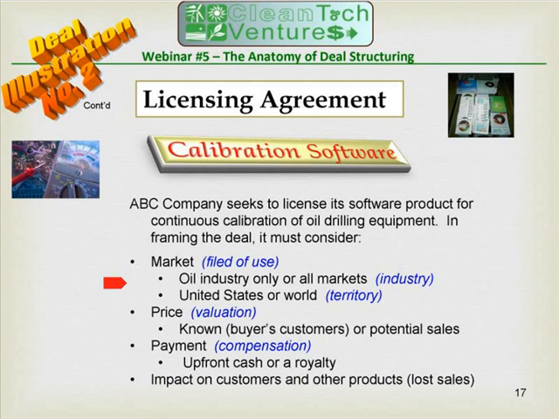So they're only going to pay a price for the technology that represents the market in the oil and gas industry. All these other potential applications they're not going to pay for, because they're not going to realize any value out of that from selling it. So ABC decides, instead of just selling everything, which is a sale of all rights, to do a license agreement.